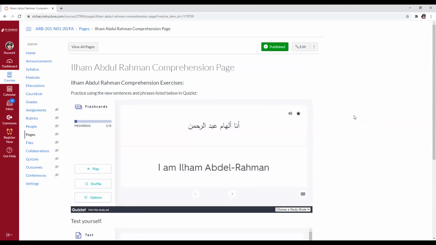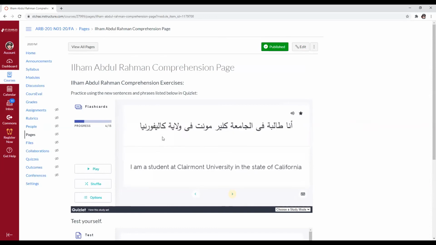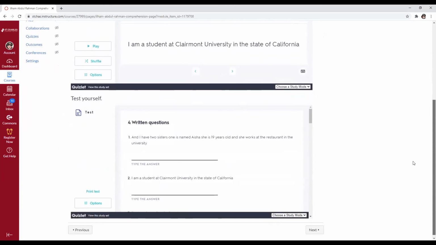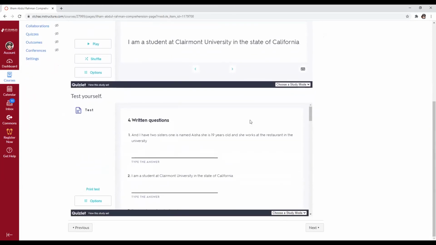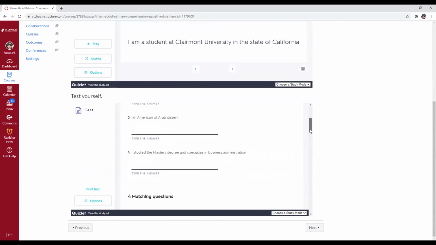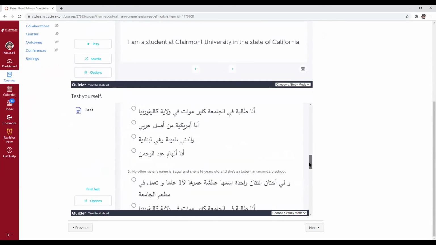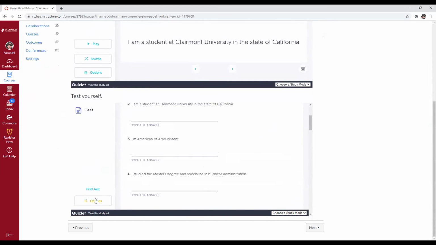If you're having difficulty understanding it, you can go back through this page, because it will list by sentence what each sentence means. In case you forget what it meant and you need to use sentences to write your paragraph, just go back through here and pick out sentences and write them. There's also a test yourself. That's a good way to make sure you're understanding everything. And you can, of course, redesign the test based on your own options. You just click on options and you can make a new test for you.